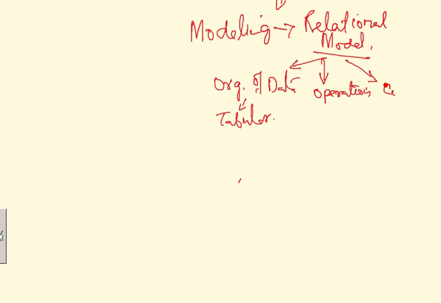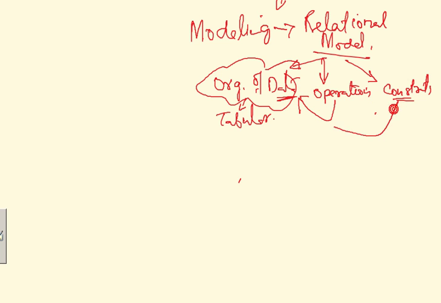And you can also put some constraints on your data. So you first define the data, then what operations you put on the data, and what constraints you put on the data. This overall is called a model, and the model we chose was the relational model. It defined all these things, and we did it successfully.